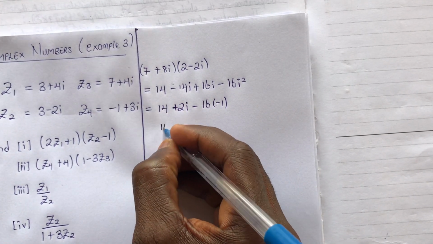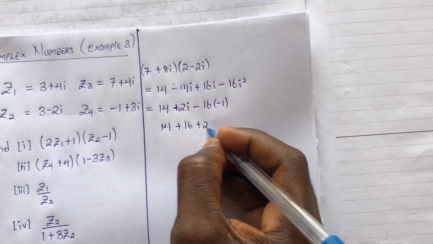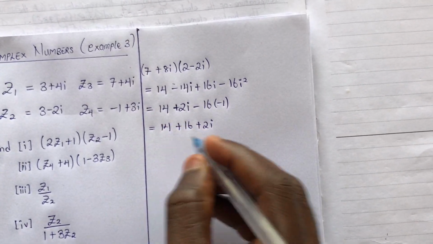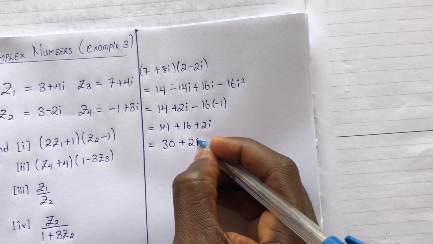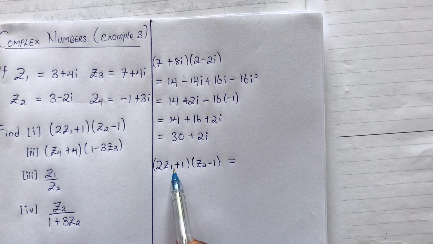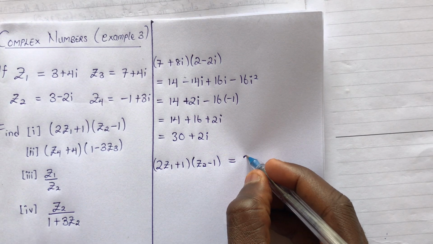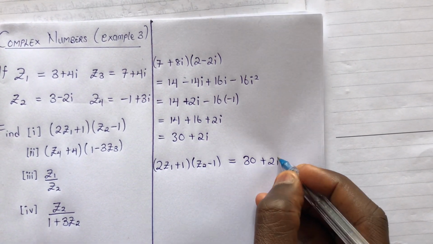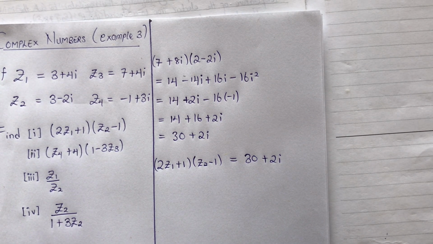So we are having 14 plus 16 plus 2i. So finally, our result is giving us 30 plus 2i. So the result for 2z1 plus 1 times z2 minus 1 is giving us 30 plus 2i. So as you can see, this was very, very simple. So now let's take the second one.